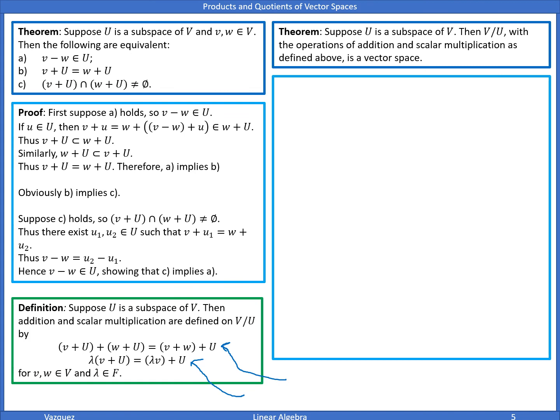But we need to show that these operations do make sense. So suppose first that v and w are in V, and that v hat and w hat are also in V, such that v plus U is equal to v hat plus U, and w plus U is equal to w hat plus U. Right, so we're going to show that addition is well defined.